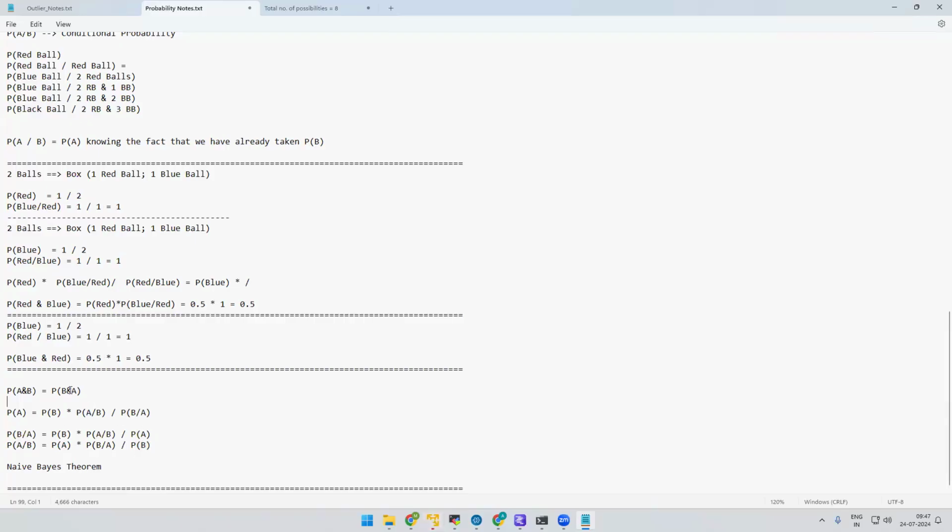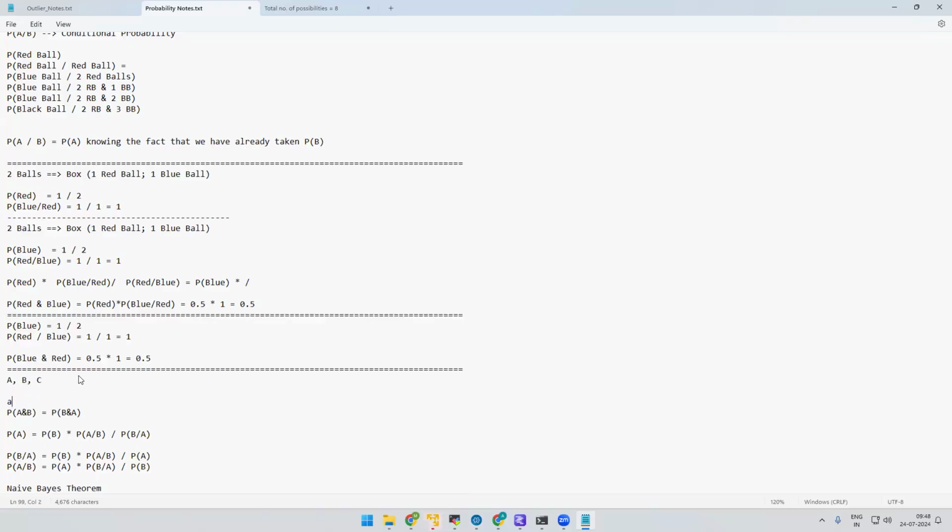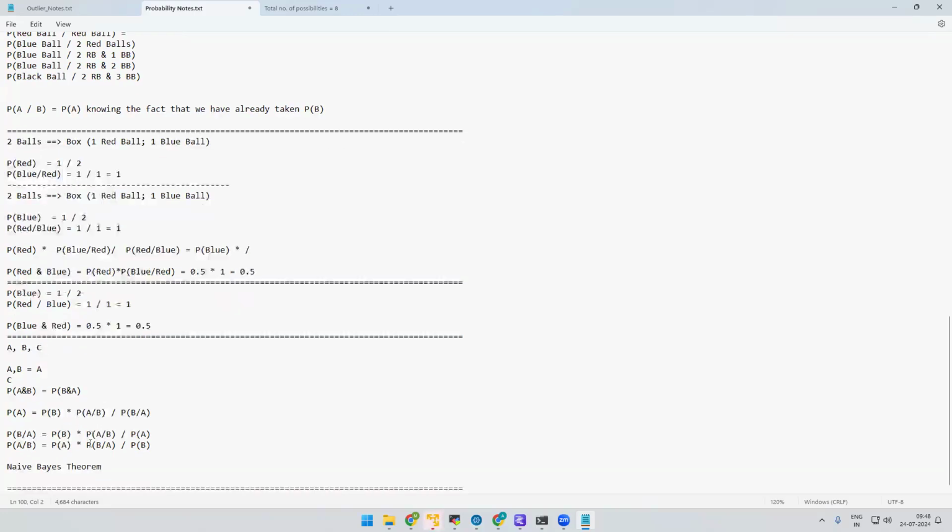Just consider that instead of A, let's take three events, A, B, C. In this case, what you can do is take A comma B as A itself, and C as another event. Yes, we got this formula. Now replace A with A comma B, and then you can keep on extending it.